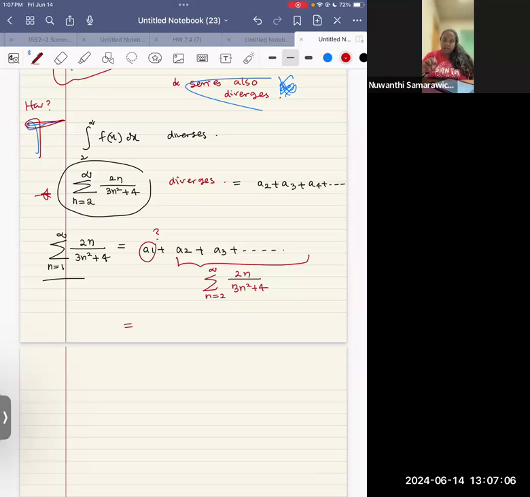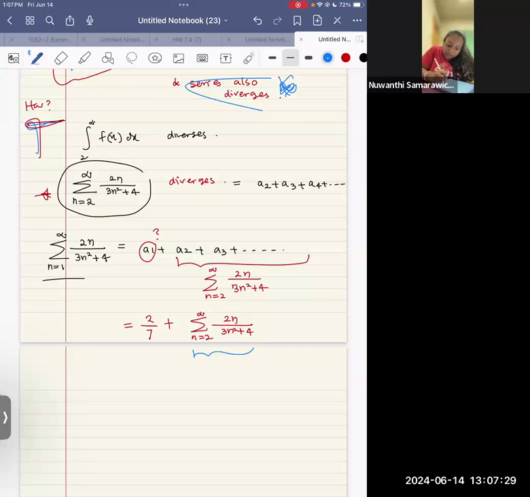2 over 7. Yes, 2 over 7. When n is equal to 1, it's just 2 over 7. 2 over 7 plus this whole thing. We found this diverges. That means this whole thing was infinity.